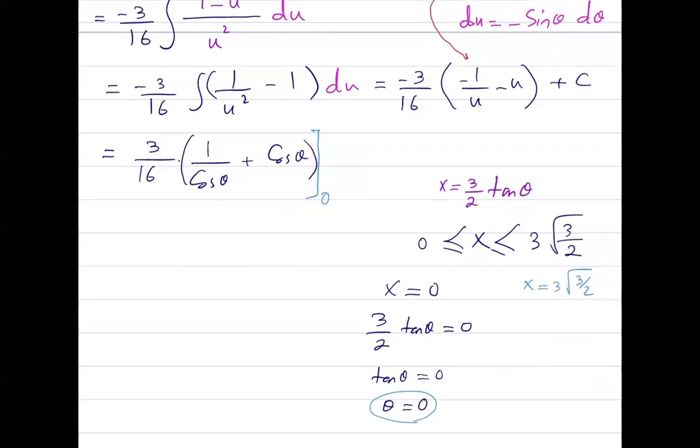So let's see. I think we need a calculator if you want to do the change for the boundaries here. The lower bound is 0, so we don't have any issue with it. So by inspection, if my x is equal to 3 times square root of 3 divided by 2, that must equal 3/2 tangent theta.